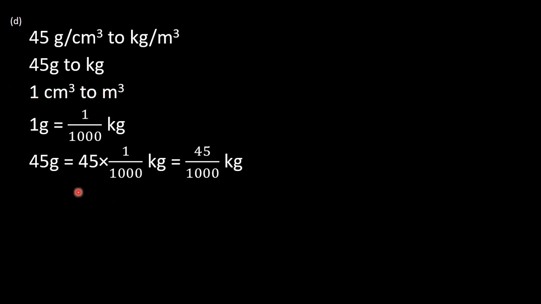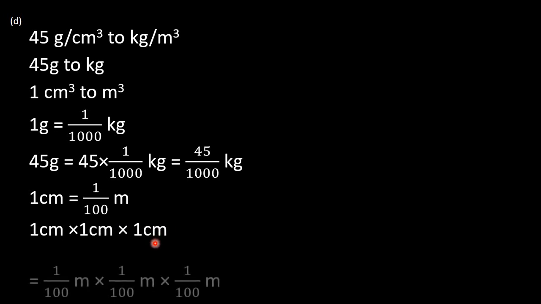Then we shall also convert the 1 cubic centimeter to cubic meters. Now we know that 1 cubic centimeter is equivalent to 1 over 1 million cubic meters. How that comes about, we can start by saying that 1 centimeter is equivalent to 1 over 100 meters. So if we cube on both sides, we shall have 1 centimeter times 1 centimeter times 1 centimeter is equal to 1 over 100 meters times 1 over 100 meters times 1 over 100 meters.